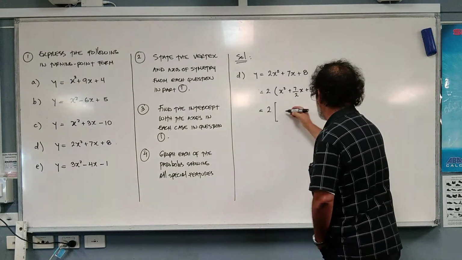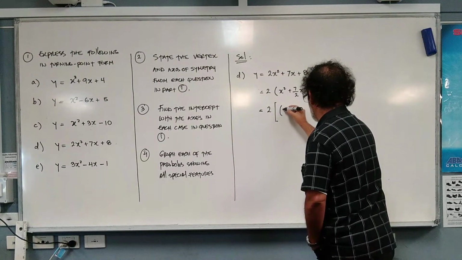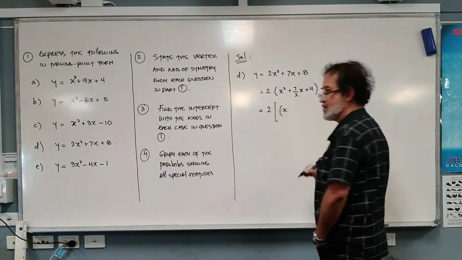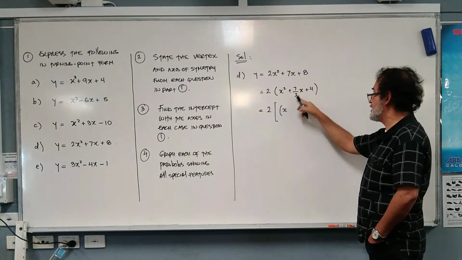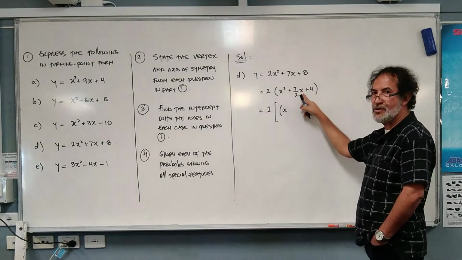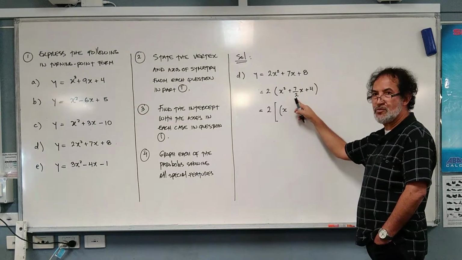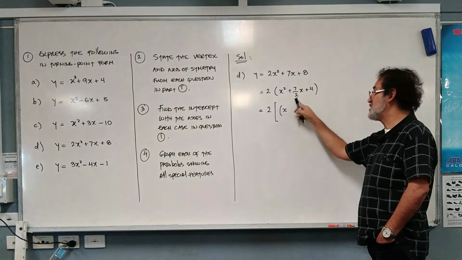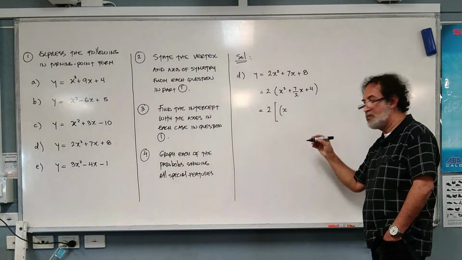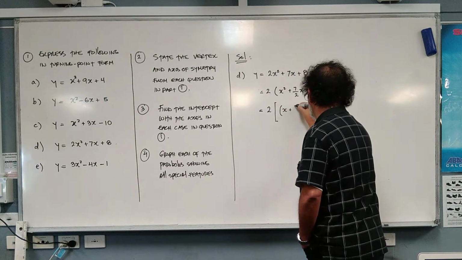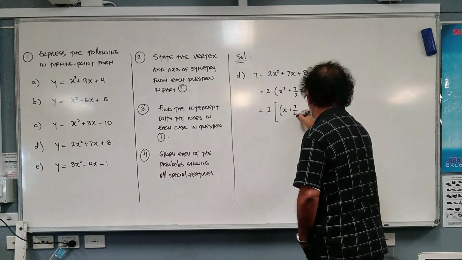Okay, so when completing the square, we open bracket and we put x. Then we divide the number in front of the x by 2. So if you divide 7 on 2 by 2, it's the same as if you multiply 7 on 2 by a half. So it's going to be 7 over 4.